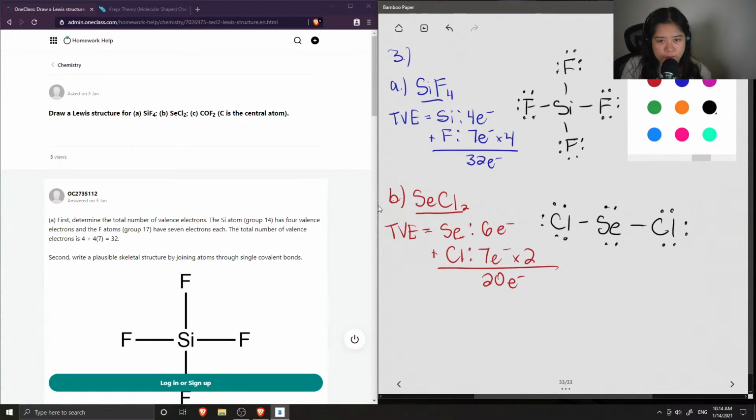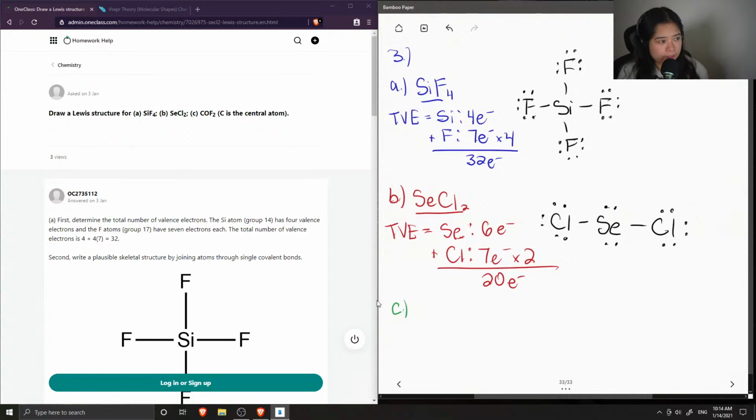And we have a neutral molecule and the right number of valence electrons. And now we need to do the last compound. And they gave us a hint that carbon would be the central atom, so that's good.